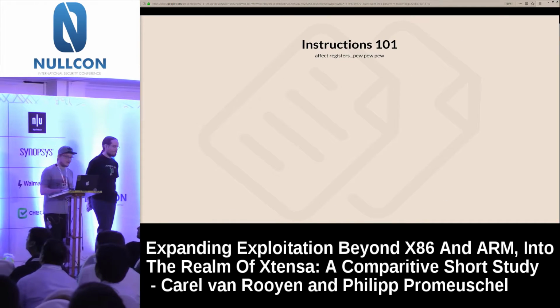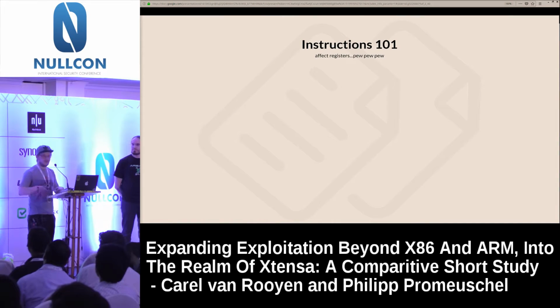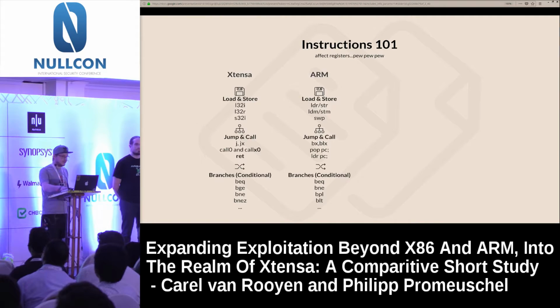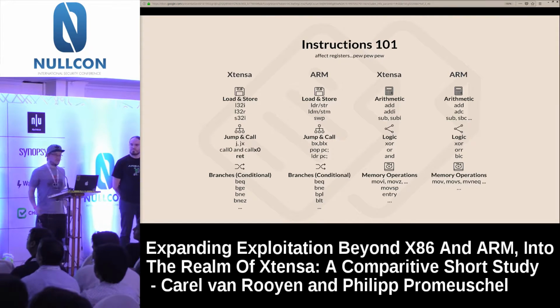So on ARM, like I already said, we would just do a pop into a register and then a pop into the program counter, and we have basically a good ROP gadget. It's really easy, but this is not really possible on Xtensa. As you can see now, this is a small comparison between ARM and Xtensa, and you can see that there's no stack operations.